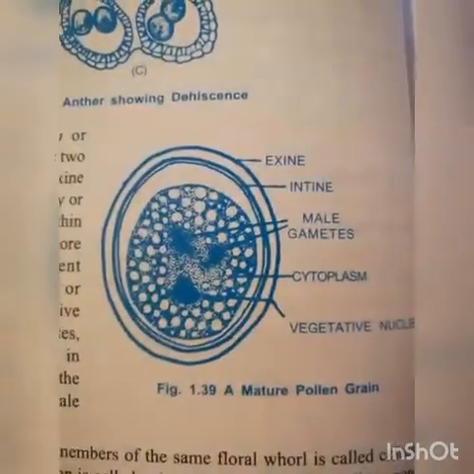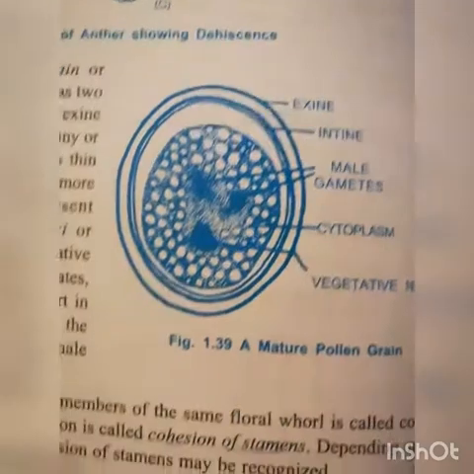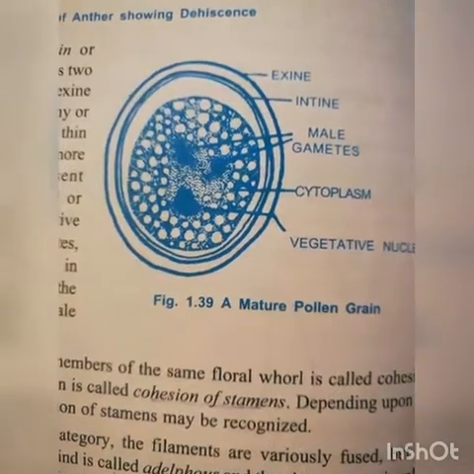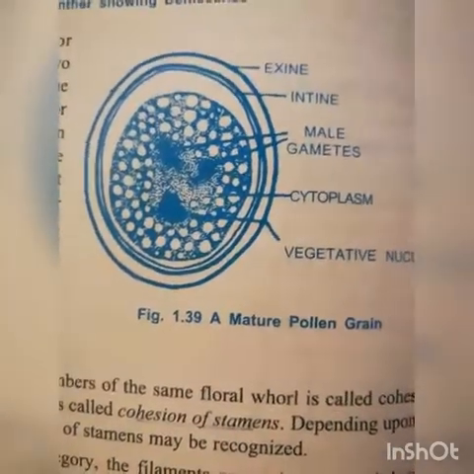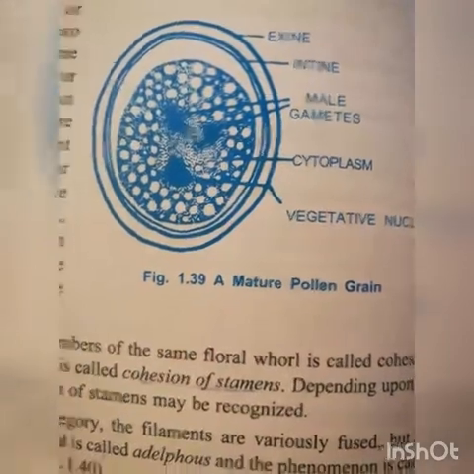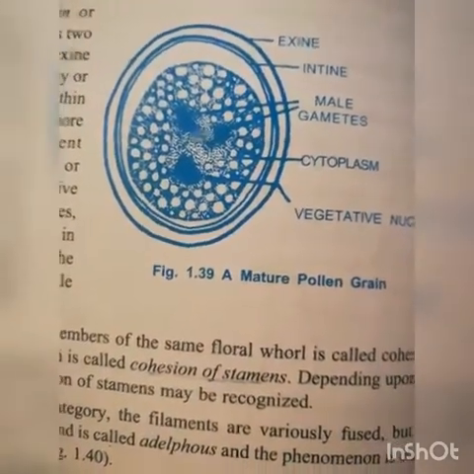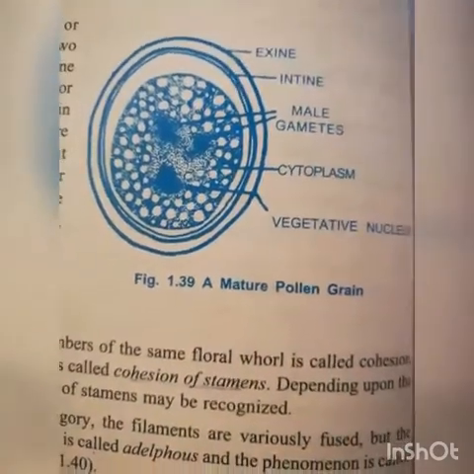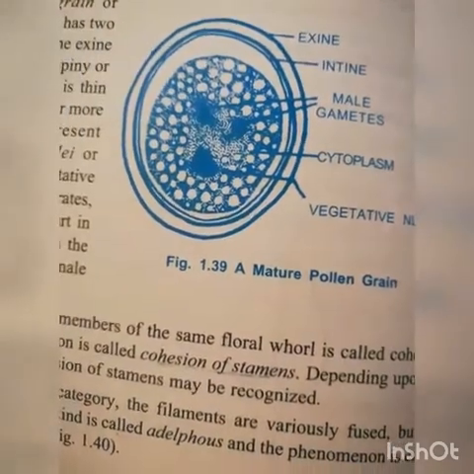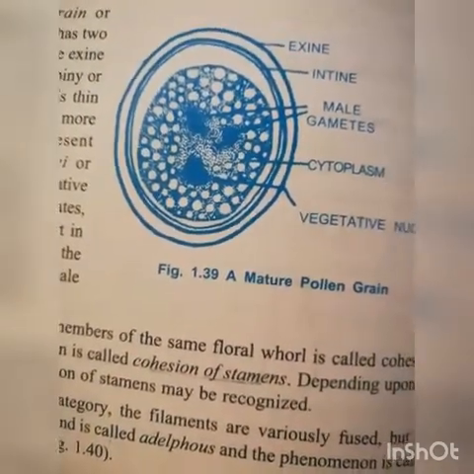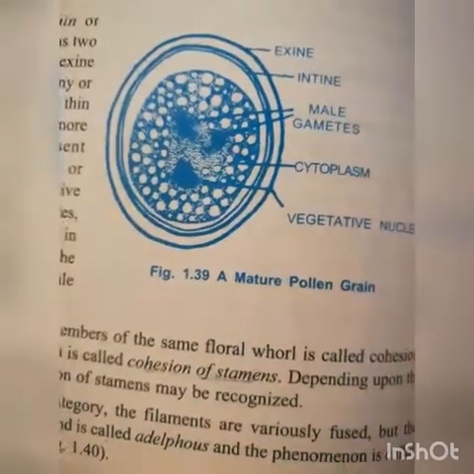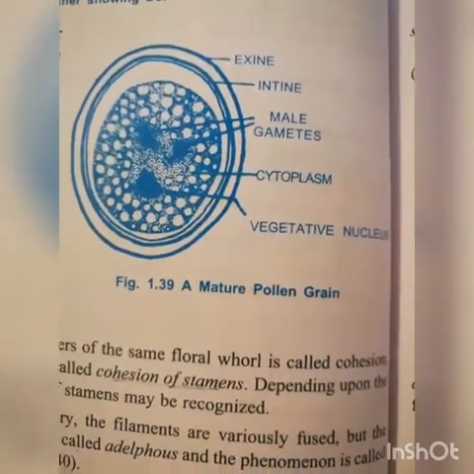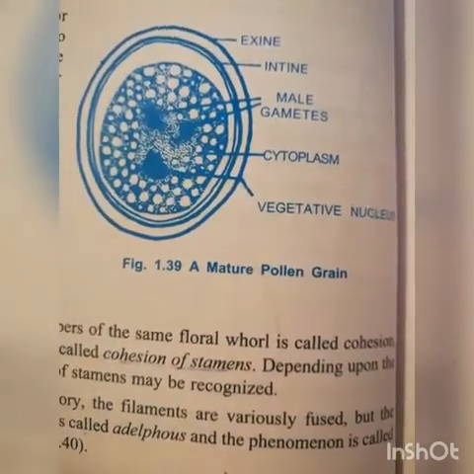The exine of pollen grain is made up of a special type of substance called sporopollenin, and sporopollenin is resistant, and because of this it has a longer lifespan, meaning it can exist for hundreds or millions of years, because there is no known enzyme which has the ability to degrade the sporopollenin wall.